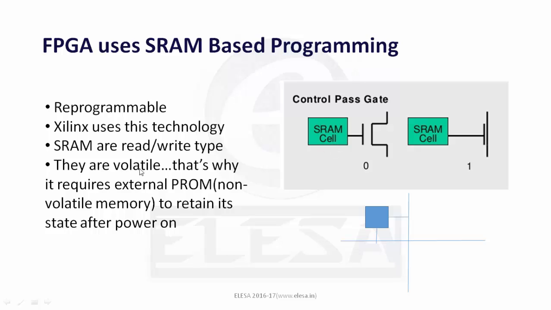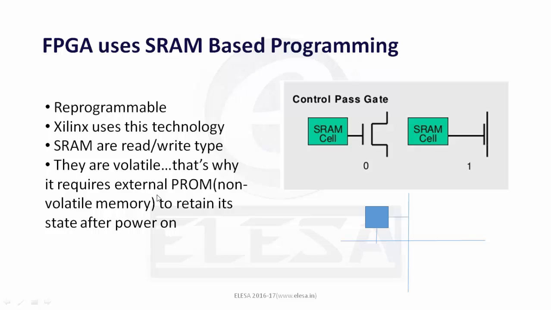This is what we call volatile, because of which when you start the power to the FPGA, it won't retain its previous state. If you want the previous state to be retained, you require an external PROM, which is a non-volatile memory, that is, programmable read-only memory, which stores the data even after the power has been switched off.